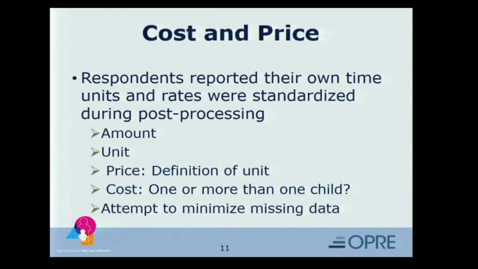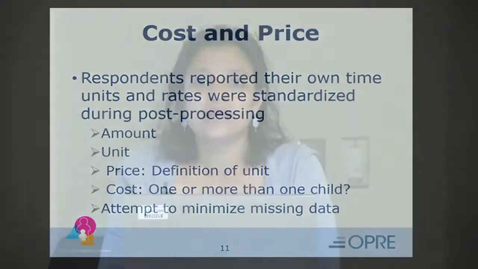Okay, so as I mentioned, these concepts of cost and price can be quite challenging for respondents to report. And so following the best practices within survey methodology, we allowed respondents to report in a flexible manner that was easiest for them cognitively. So they would report their own choice of time unit and rate. So I might ask, what is the price that you charge?